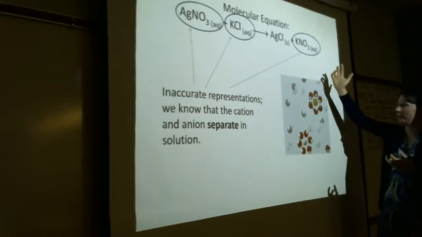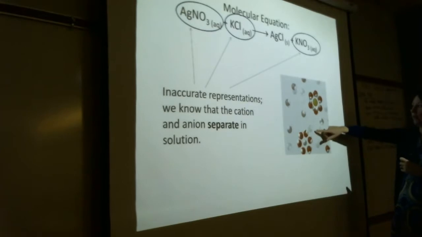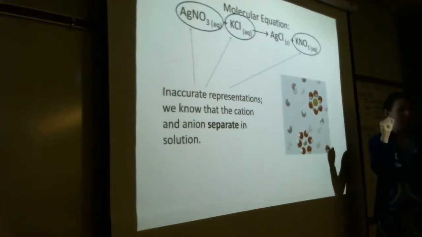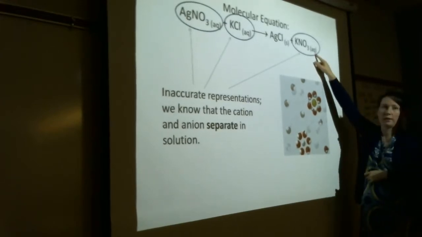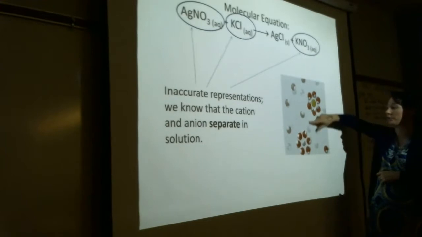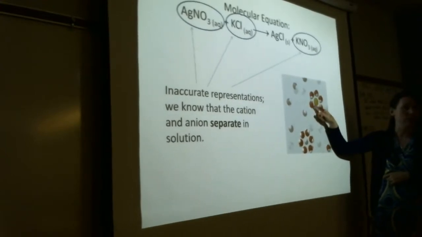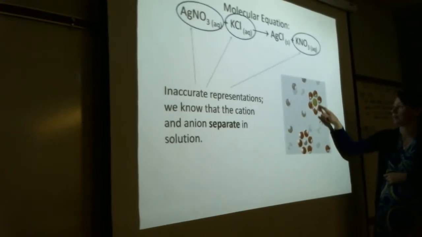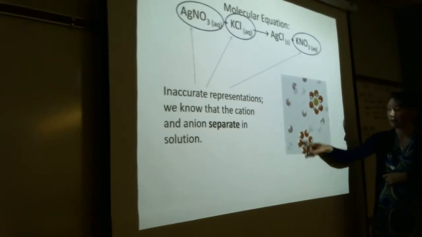Why is that? Well, if you look at KNO3, when it's in solution, are the potassium and the nitrate still stuck together? No, the cation and the anion have completely separated, right? When something that's ionic dissolves, remember the intermolecular force here is ion-dipole. The water completely surrounds the anion with the positive side facing in. The water completely surrounds the cation with the negative side facing in.